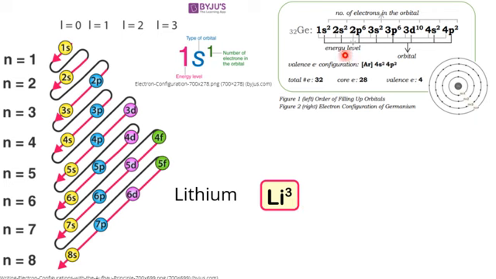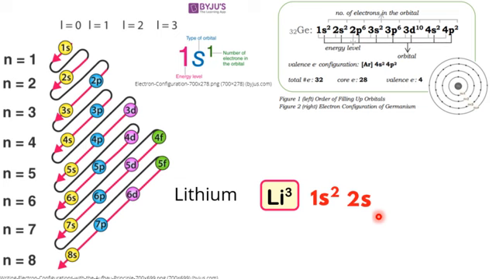So how are we going to write down the electron configuration of lithium? Simple as this, just follow the pattern. Let's start with 1s2. What is next to 1s2? That is 2s. So you have to write 2s. The problem is, what is the exponent for 2s? Is it 1 or 2?